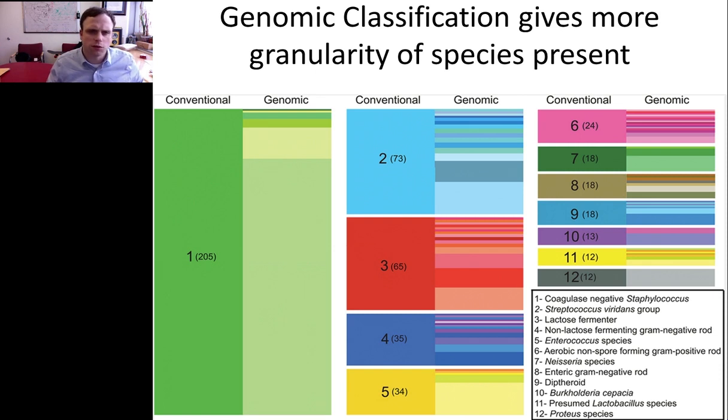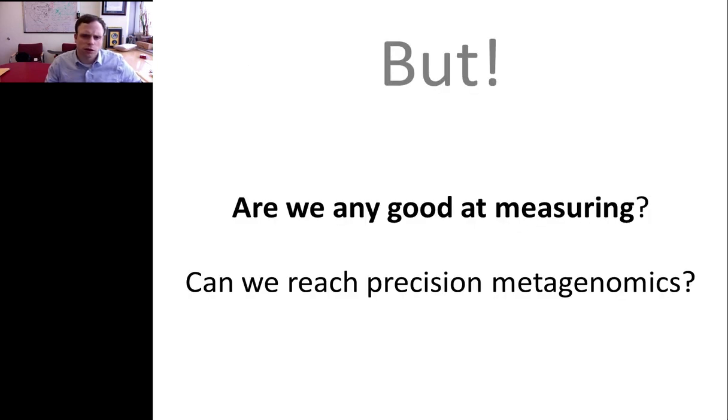Which is exciting, but it still comes back to the original question: are we any good at measuring, and can we really reach what I'd like to call precision metagenomics, where you don't necessarily know where any sample came from, but you want to make sure that you've measured it correctly and that you know what is there?